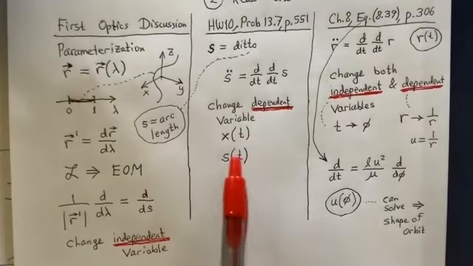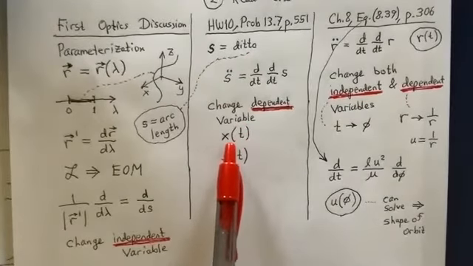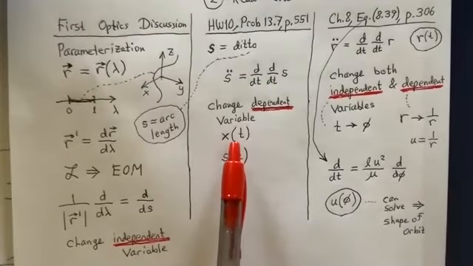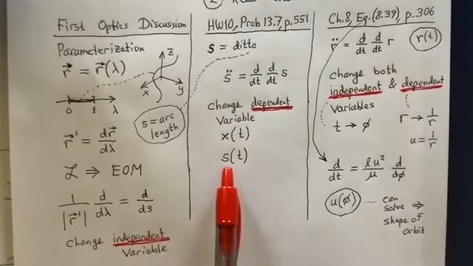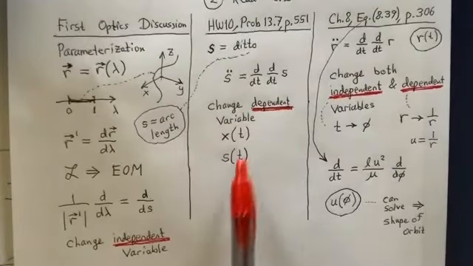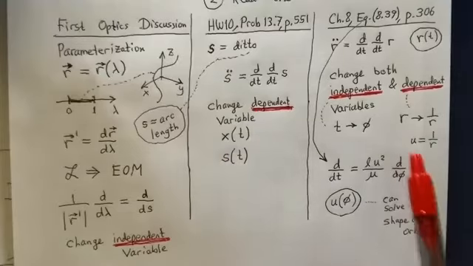If you're studying x as a function of t, we have x as a generalized coordinate, and we certainly have a statement about x double dot. How can you change that into a statement about s double dot? You're changing the dependent variable, and you can review the techniques that were used here.